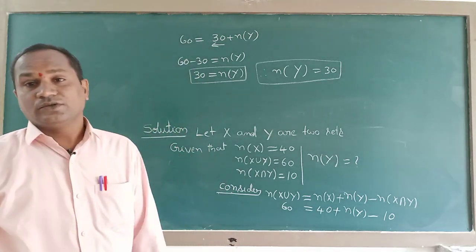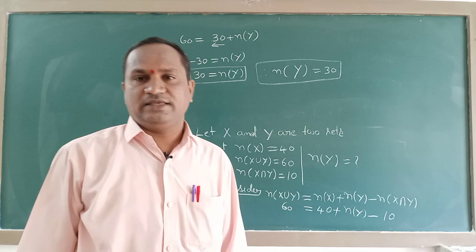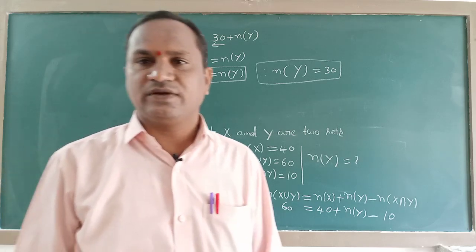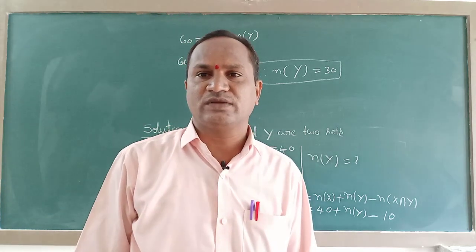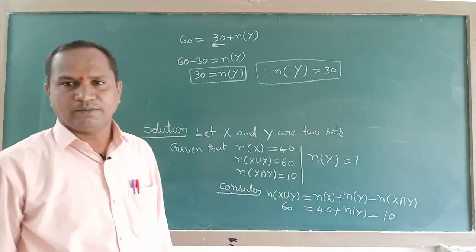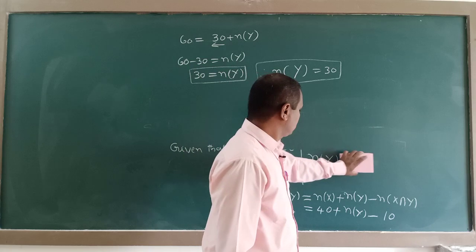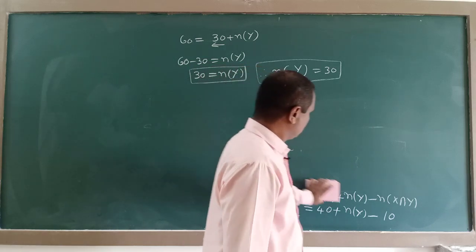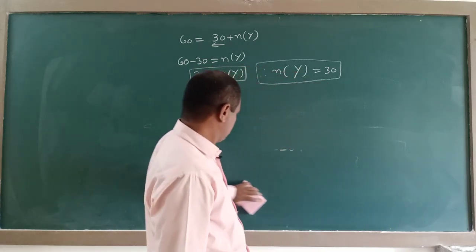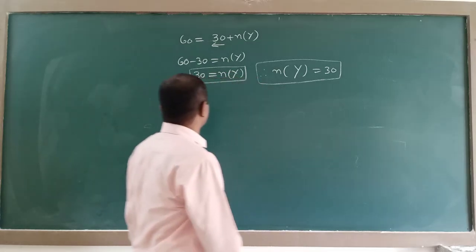Next, we are showing the number of elements for all these sets through the Venn diagram. Now I am going to draw that Venn diagram.